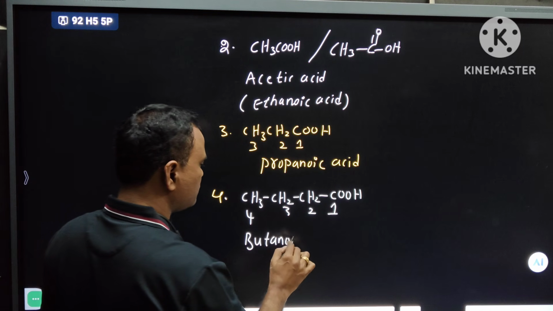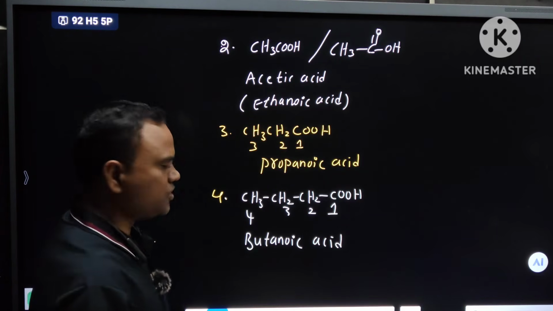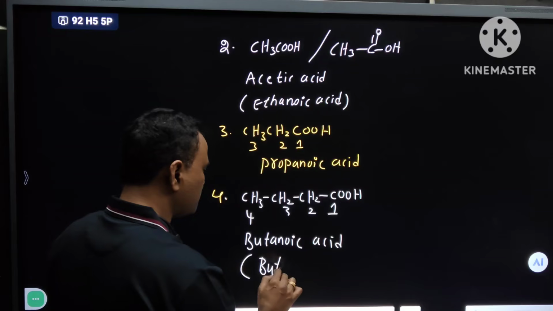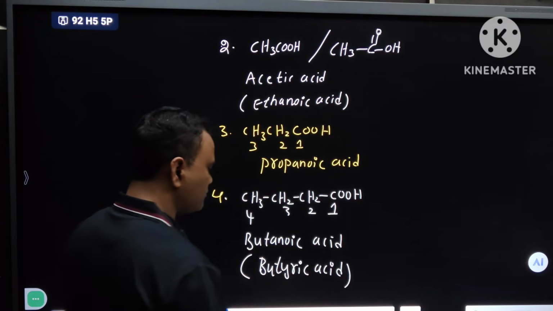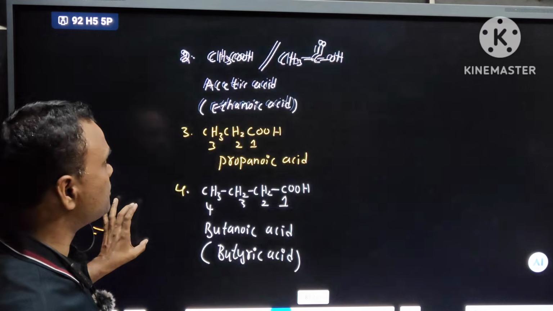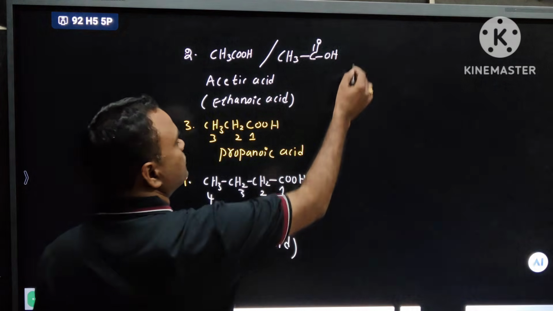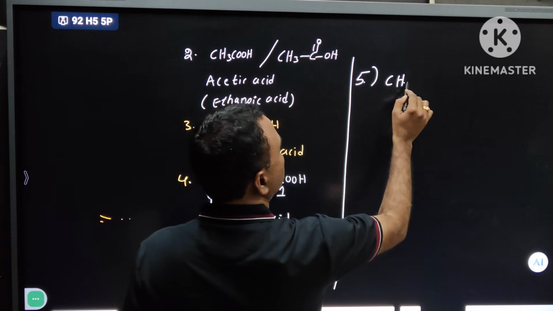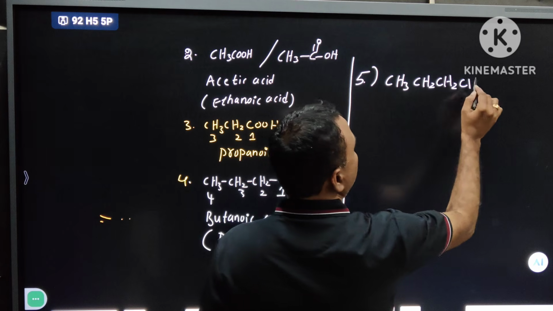If 4 carbons are present in the carboxylic acid, that is called butyric acid. Butyric acid. If 4 carbons are present, that is called butyric acid.